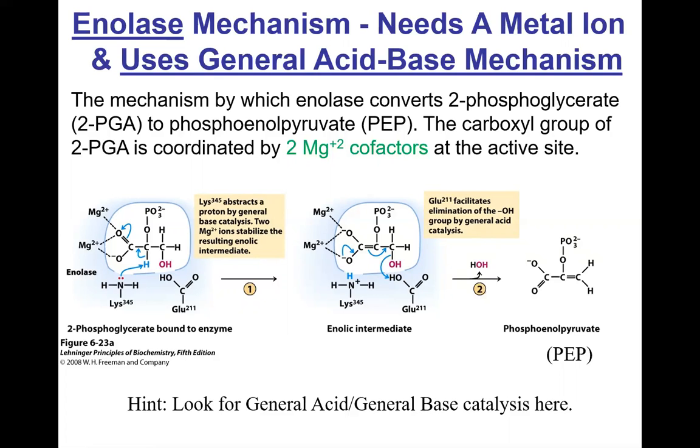As I alluded to, because there are other basic residues surrounding this lysine 345 that lower the pK of this lysine, it does exist in the unprotonated form, NH2. So it picks up a proton right there. And then you push and you form this enolic intermediate. That enolic intermediate is nicely stabilized again by 2 magnesium ions, right?